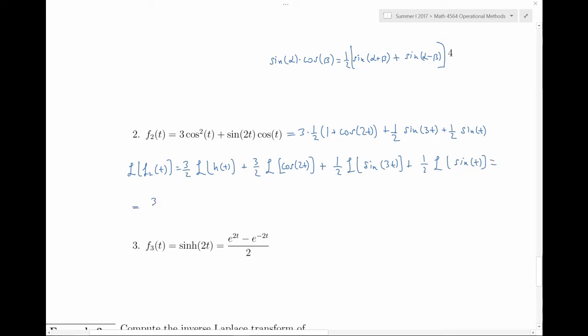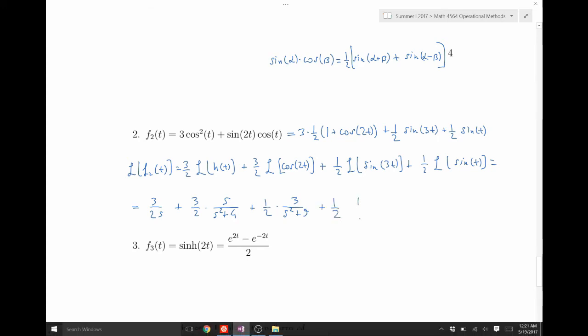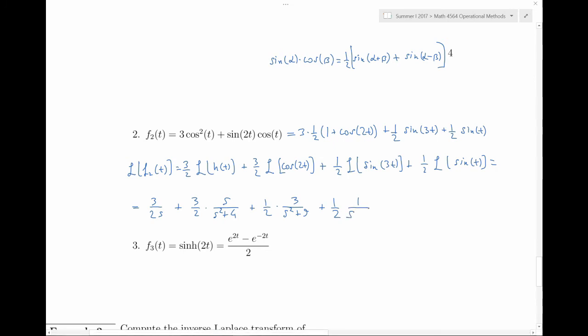Well, I get 3/2s for the first function. I get 3/2 times s over s squared plus 4. I get 1/2 times omega, which is 3, over s squared plus omega squared, which is going to be 9, plus 1/2 of 1 over s squared plus 1.